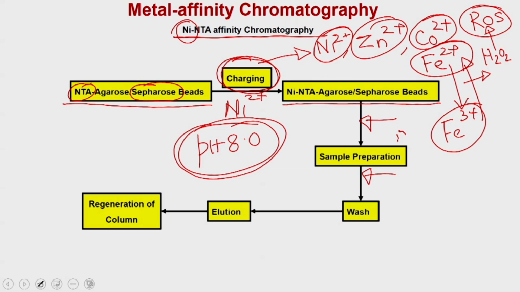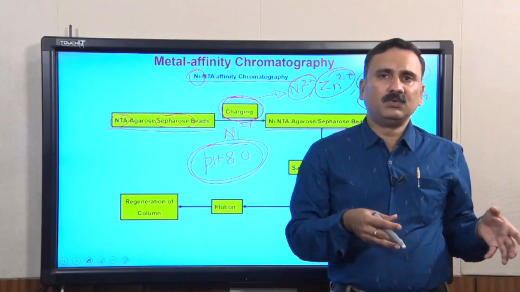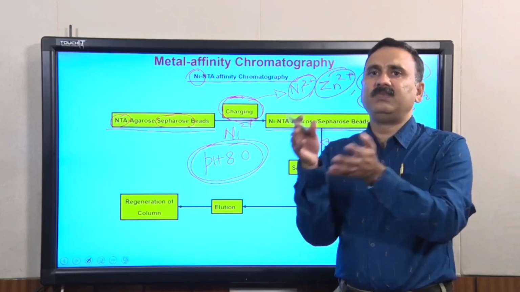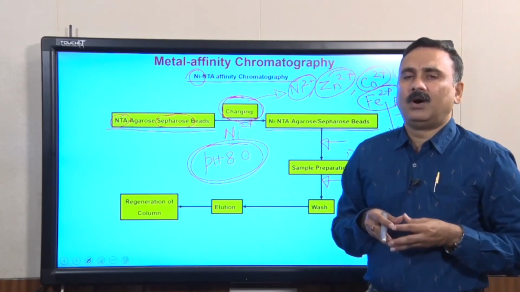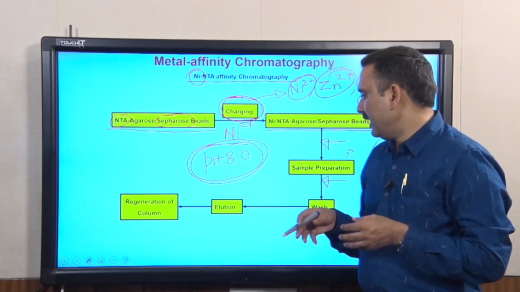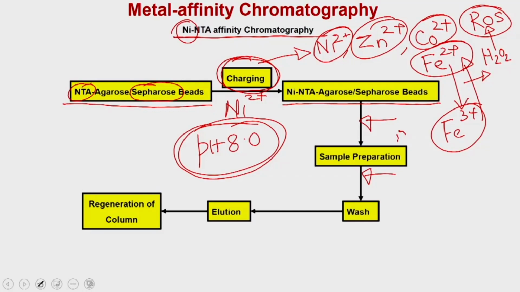So, people do not prefer PBS compared to Tris. You can use Tris pH 8.8 or pH 8, whichever Tris you want to use, and then you prepare the sample in, suppose, 100 millimolar Tris pH 8, and then you apply the sample.